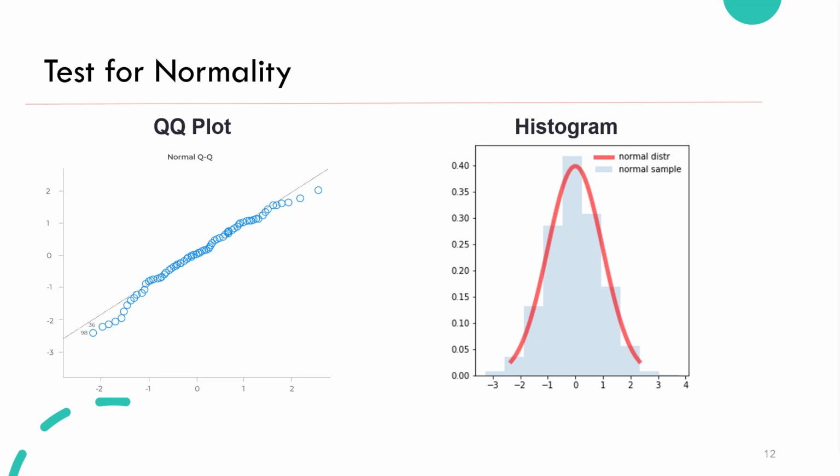If it forms a straight line, it's normal. Another popular way is to plot a histogram. If it forms a bell curve, that means it's also a normal distribution. So it does have the linear relationship.